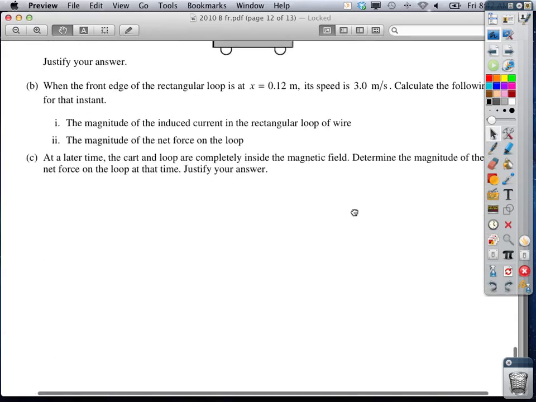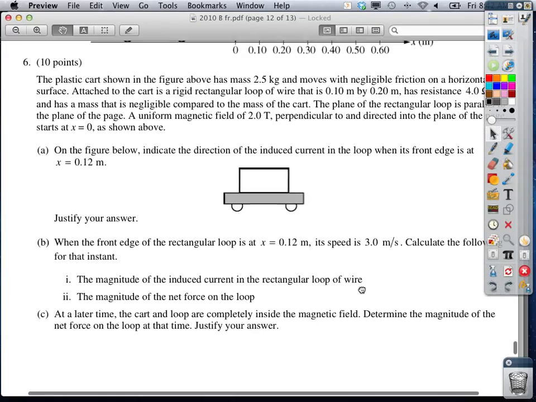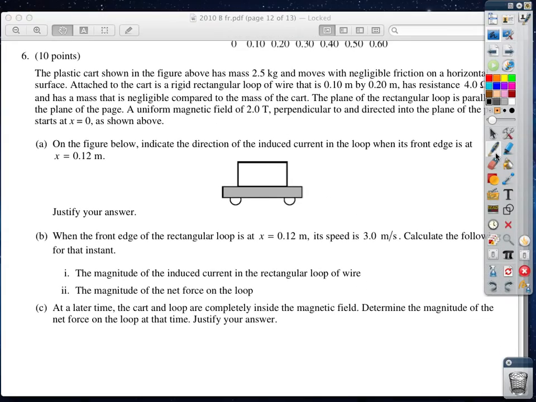All right. I can still see the information. So we have I is equal to the EMF over R, and the EMF is negative delta phi over delta T. And for that delta phi, the B field is not changing, it's the A that was changing, and the cosine theta is fine.